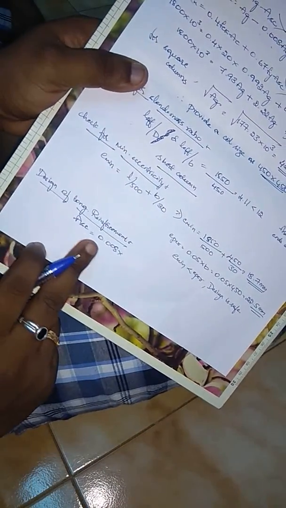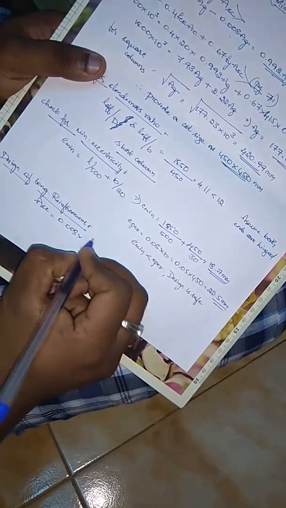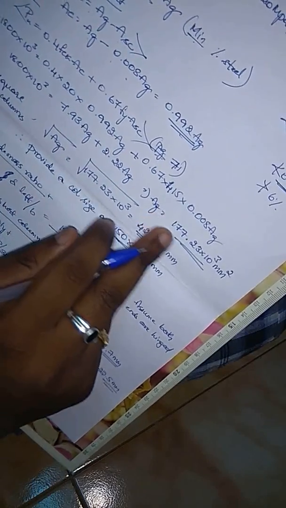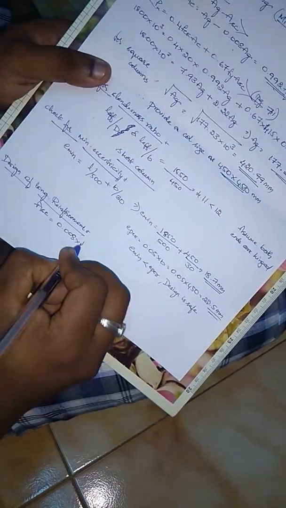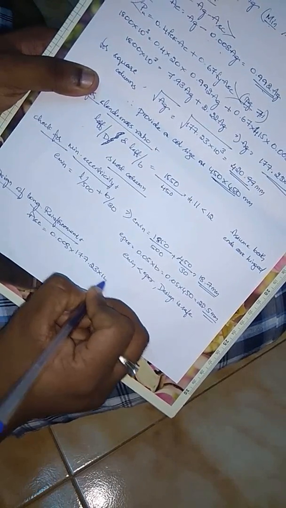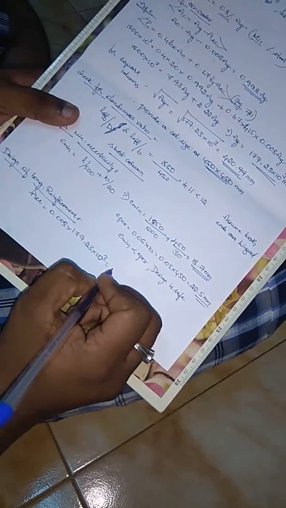So Asc is equal to 0.8%, that is 0.008 into Ag. Ag that we have got is 177.23 into 10 power 3. I am substituting the same, 177.23 into 10 power 3.